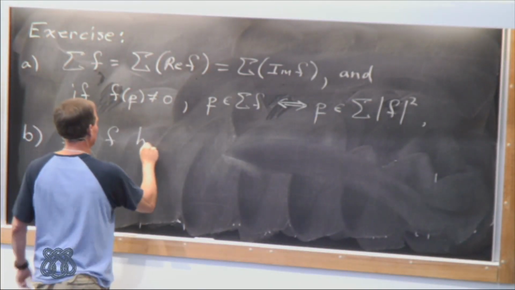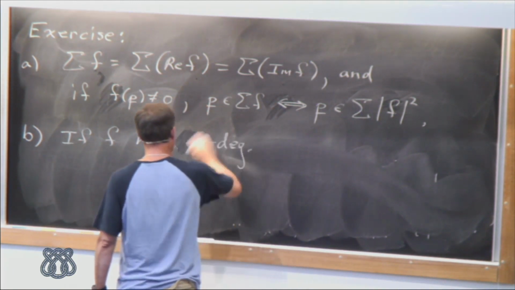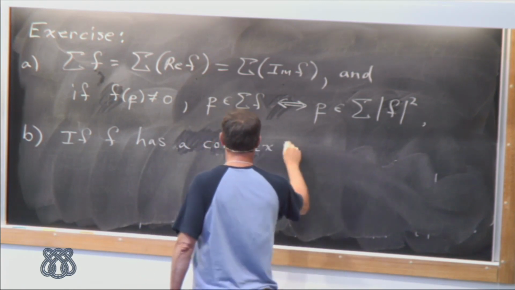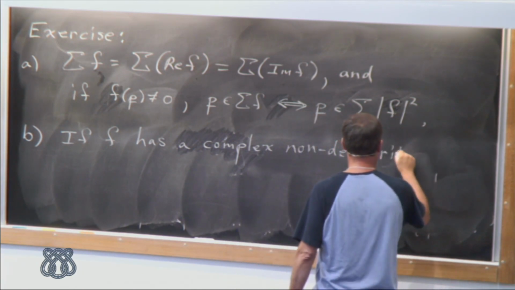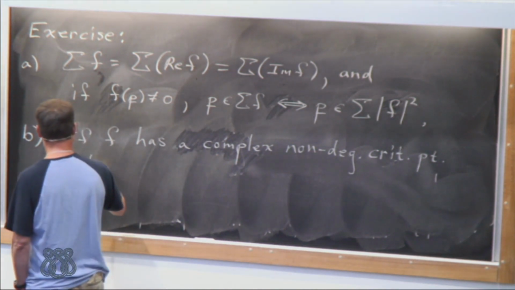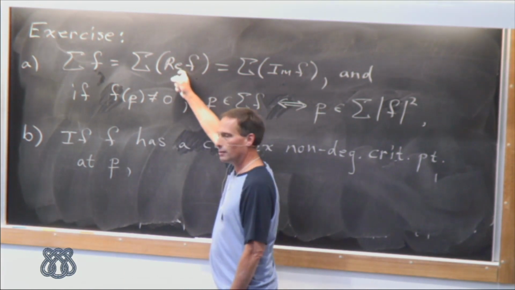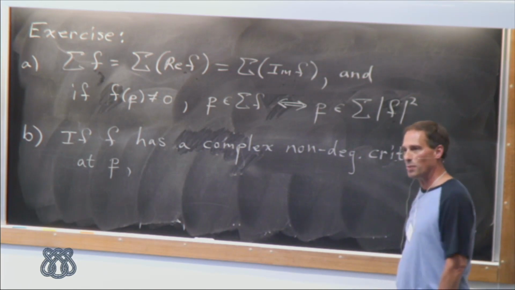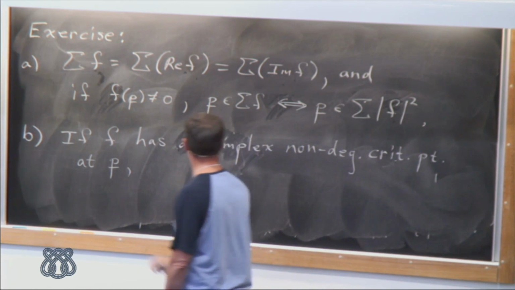If F has a complex non-degenerate critical point, so does the real part, so does the imaginary part, so does the magnitude of F squared, assuming the value of F is not 0. And they all have the same index.